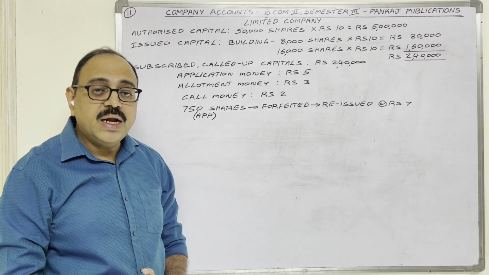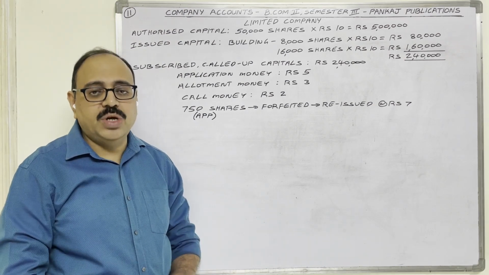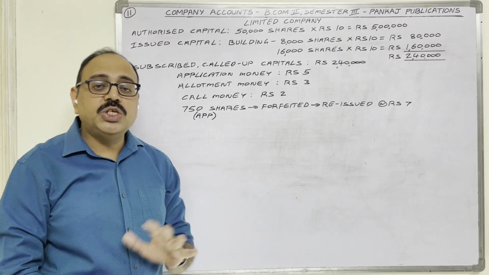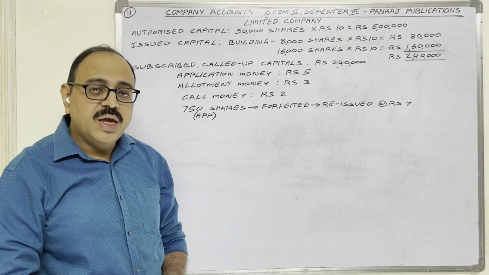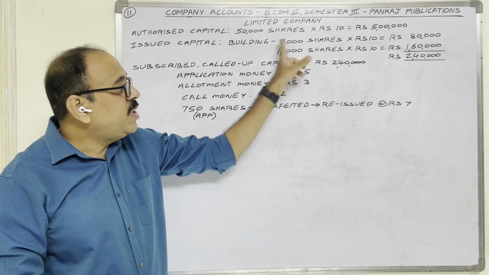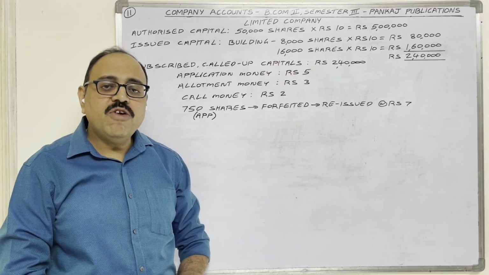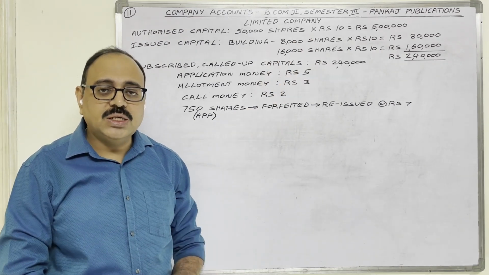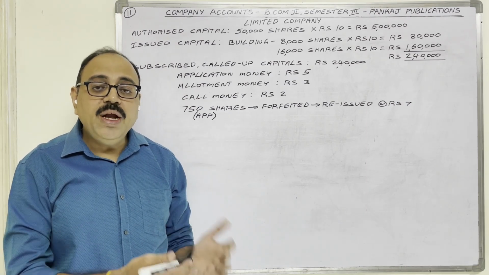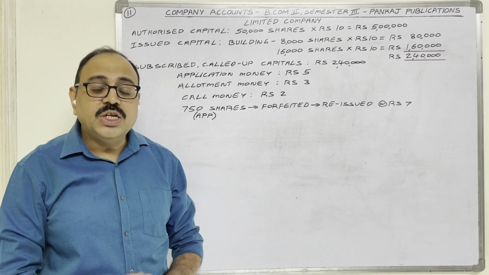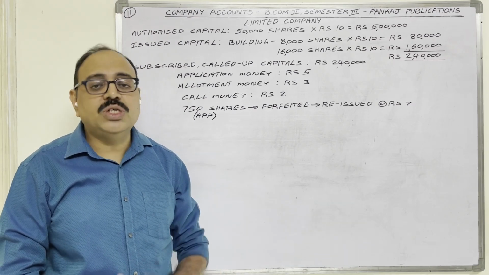So don't think that a company issues shares for cash only. Sometimes a company issues shares for consideration other than cash. Meaning, in the present problem, the company is buying a fixed asset and, instead of paying money, is issuing shares. Suppose at the time of incorporation, when the company takes services from a promoter, instead of paying money, the company may issue shares.